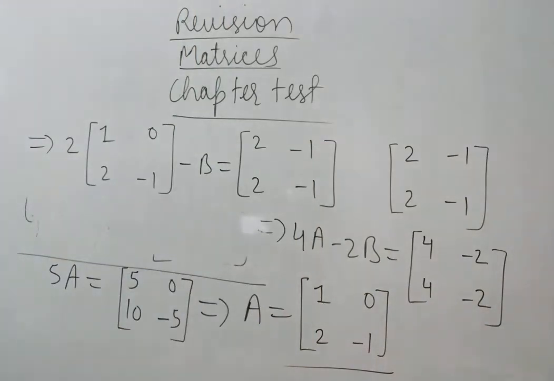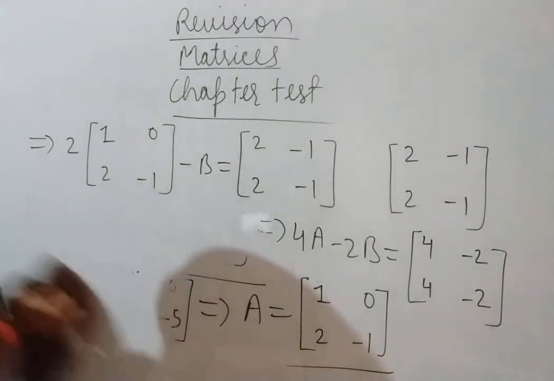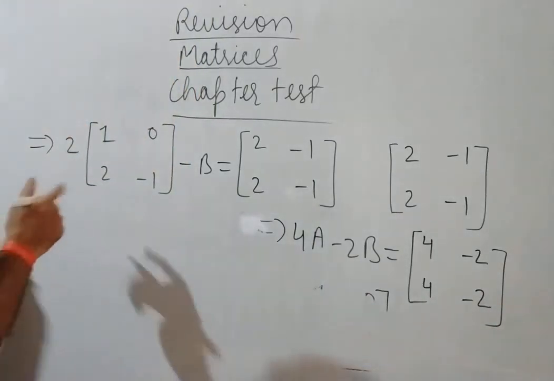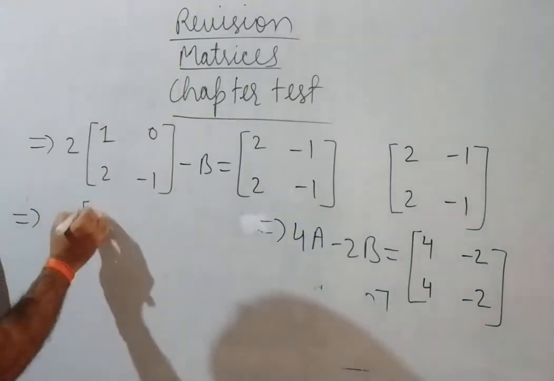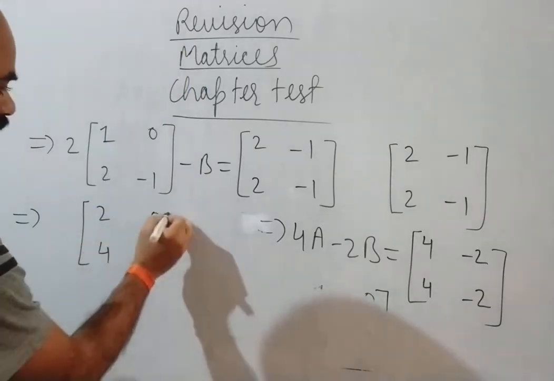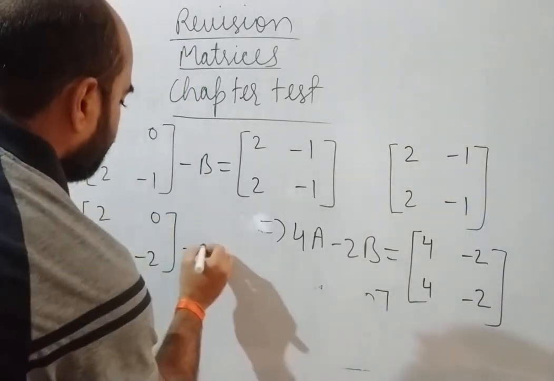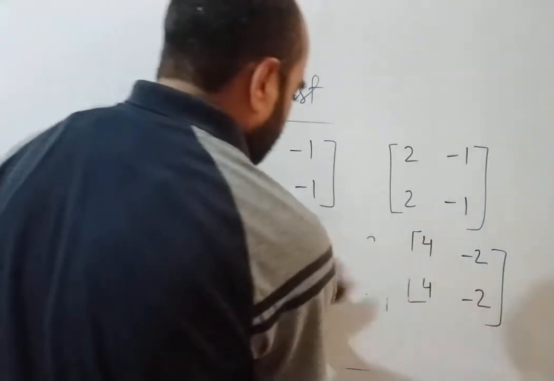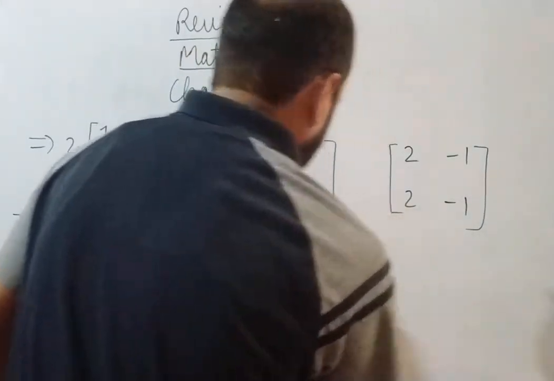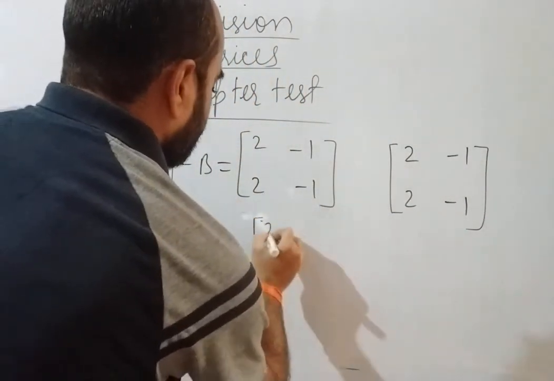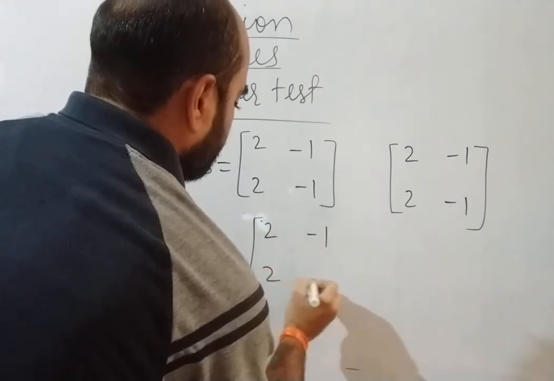So how to find matrix B? First multiply and transpose. So this will be [2, 0; 4, minus 2], minus B is equal to this matrix [2, minus 1; 2, minus 1].